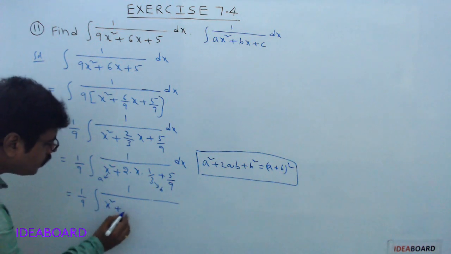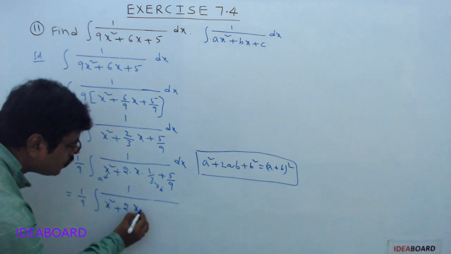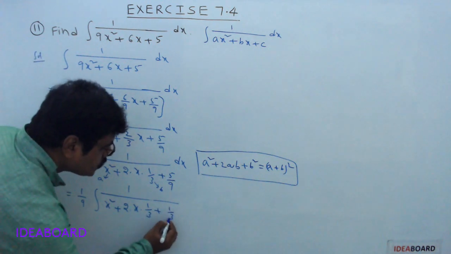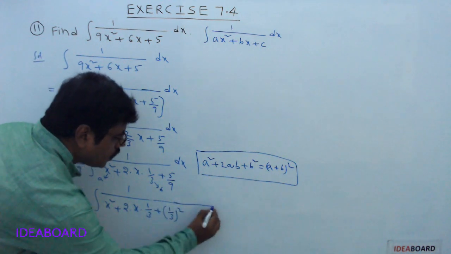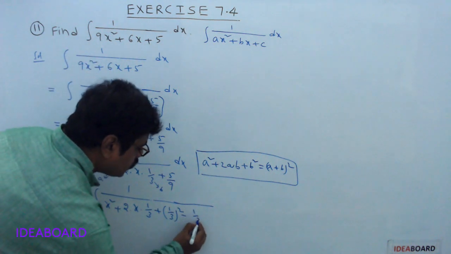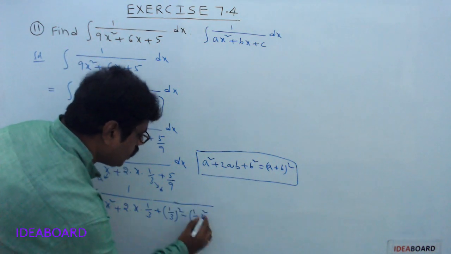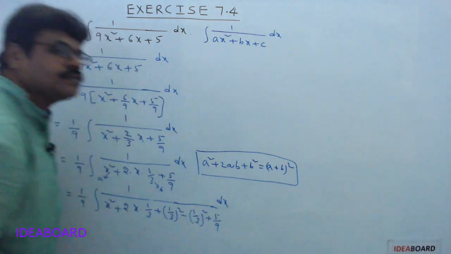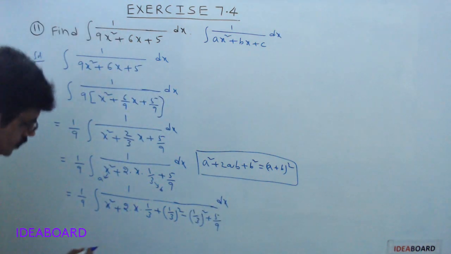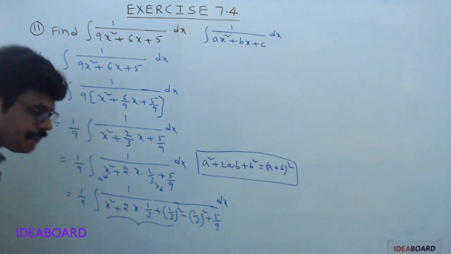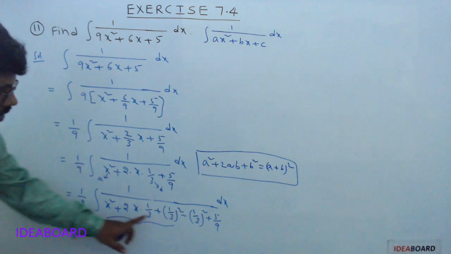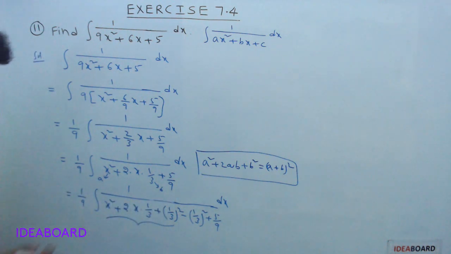So, x square plus 2 into x into 1 by 3 plus 1 by 3 whole square minus 1 by 3 whole square plus 5 by 9 dx. Next, the combination of these three terms can be taken as (x plus 1 by 3) whole square.